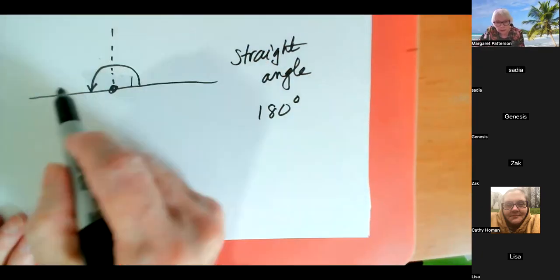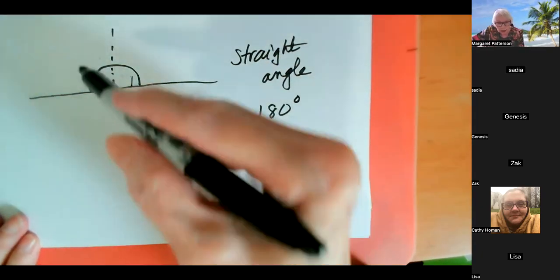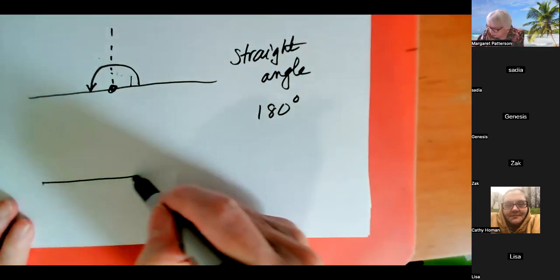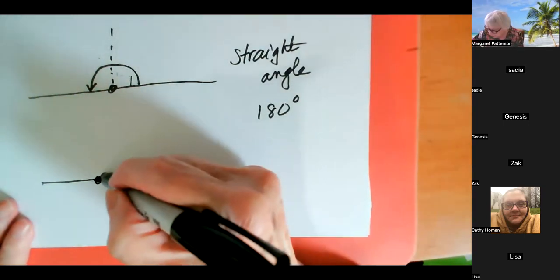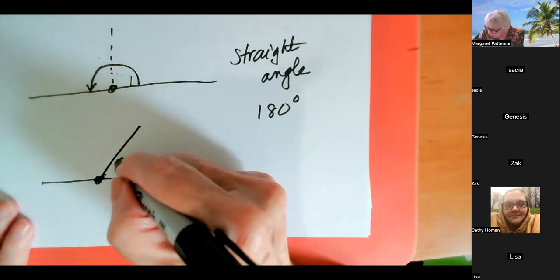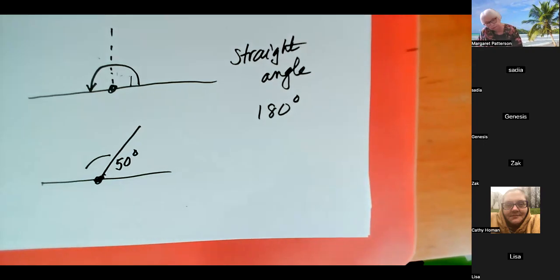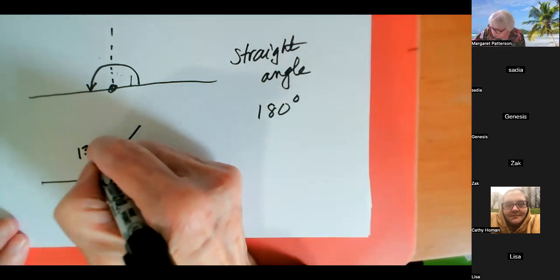Because it's made up, this went straight across the bottom line, and so it's 90 on the left and 90 on the right. So if you had that kind of an angle, and this one was 50 degrees, it'd be 130. It's 130. So this is not a big deal.